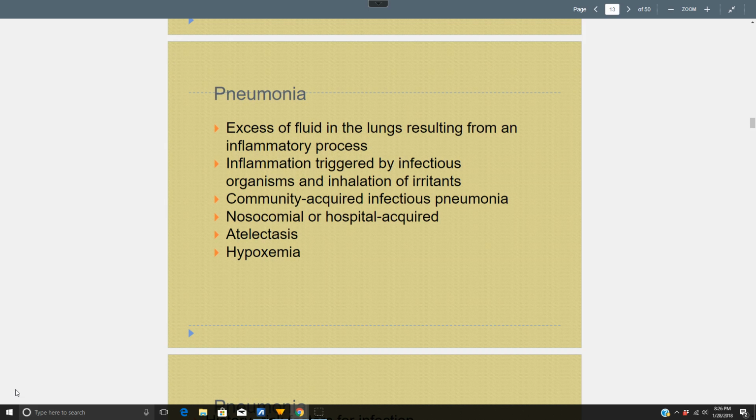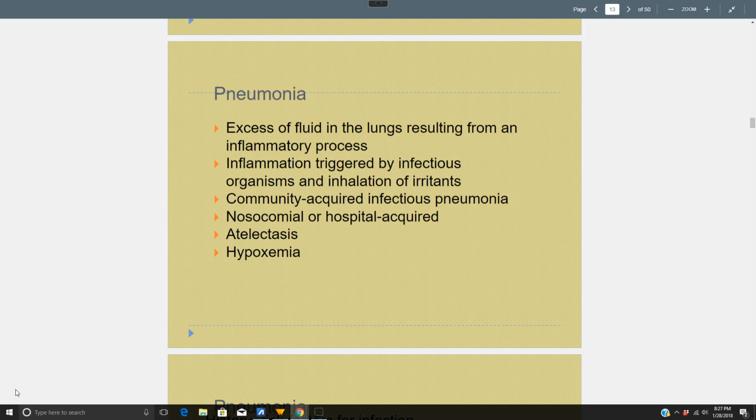Obviously, it's more prone to people that smoke, but what our goal is, is to get these people on antibiotics and oxygen, maybe some type of antipyretics, because these patients can have chills and fever, nasal congestion, sore throat, orthopnea, crackles, sputum, and our goal is to get them better and to assess for complications and to prevent those complications from happening.